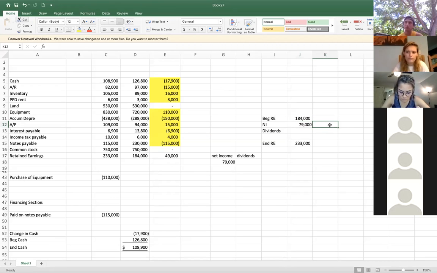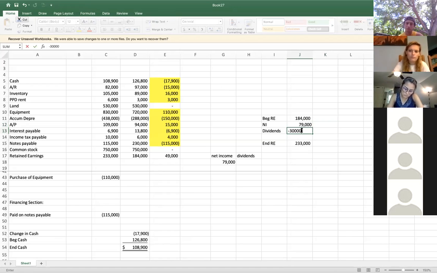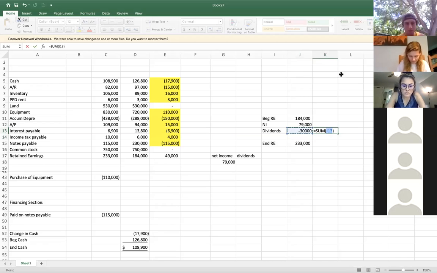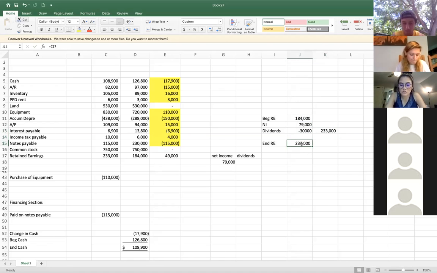263,000. All right, and to get 263 to 233, what did dividends have to be? 30,000. Good. So dividends had to be 30,000. I'm going to auto sum. And you see I get 233 equal 233.